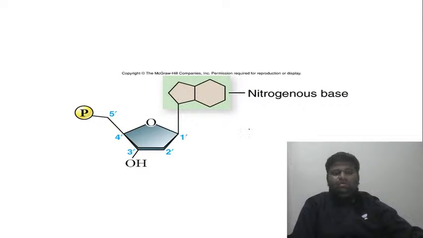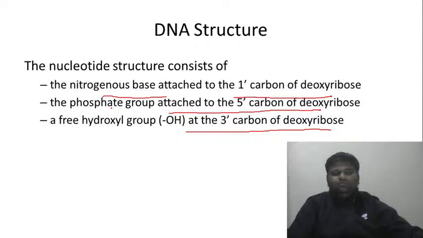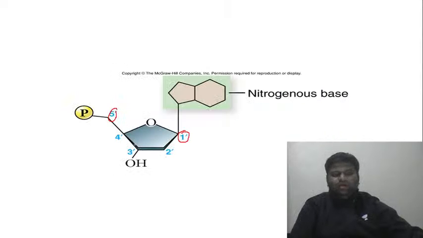So there is a nitrogenous base attached to the 1' carbon of the deoxyribose sugar, the phosphate attached to the 5' end of the deoxyribose, and then there is the free 3' hydroxyl group, which is free in nature. So this is the structure of the nucleotide.